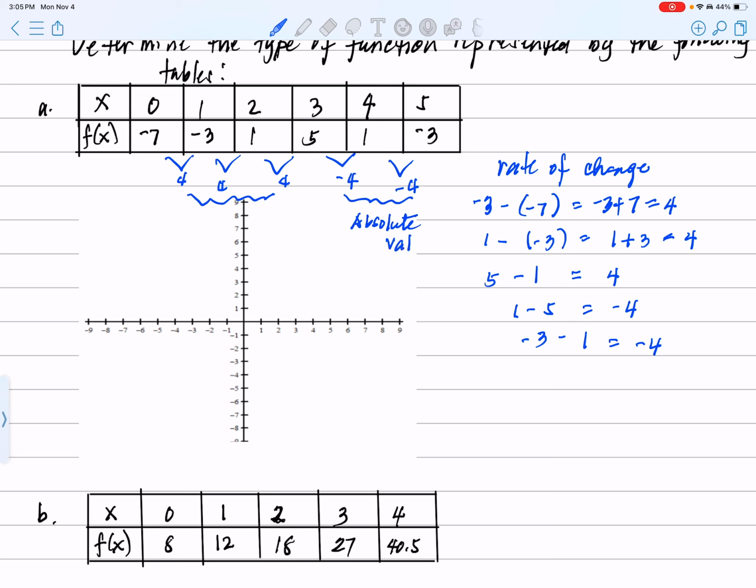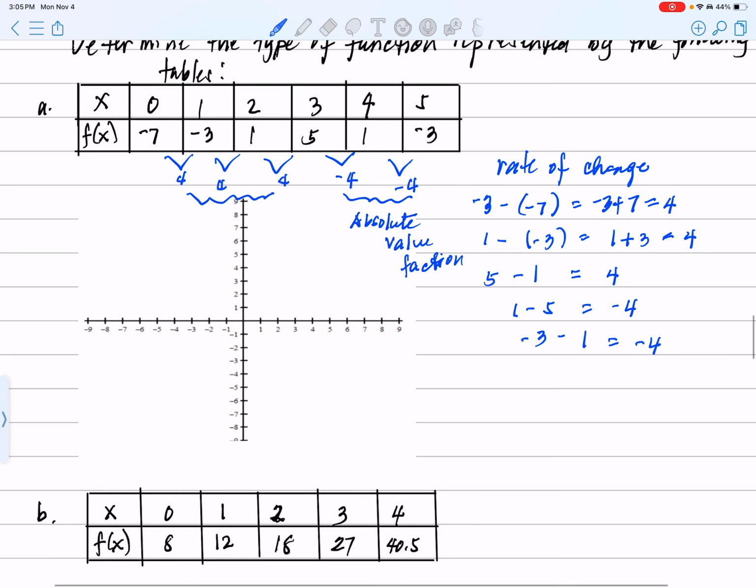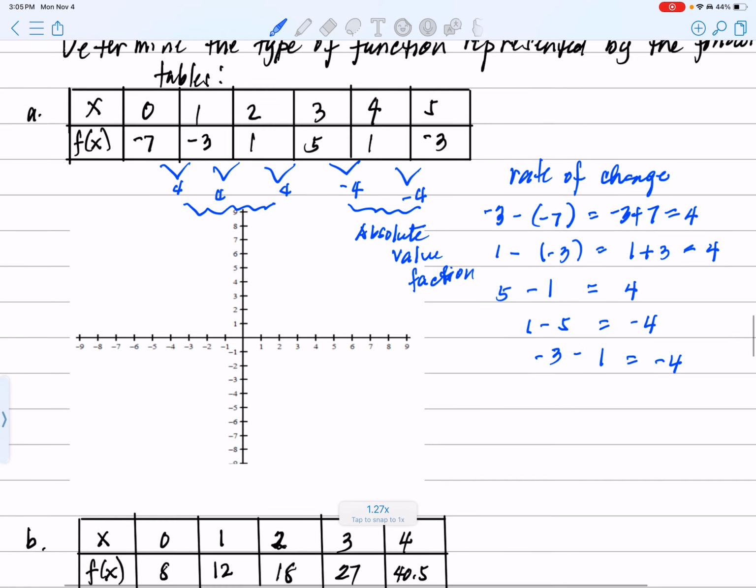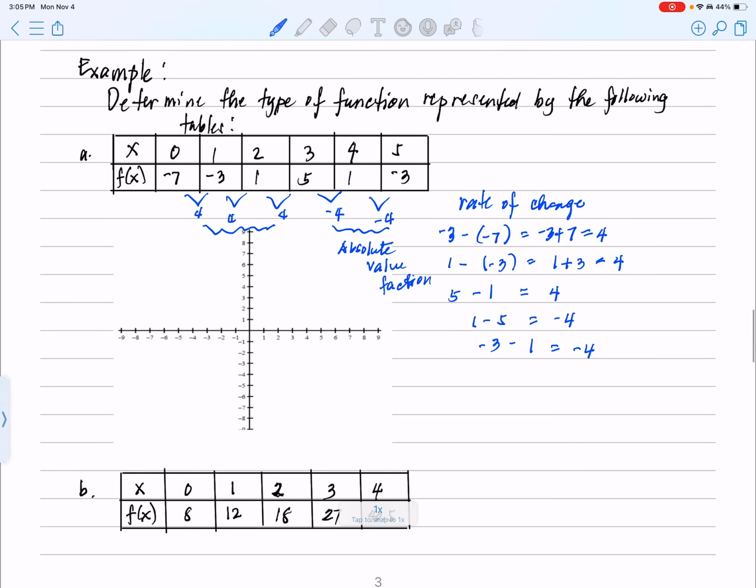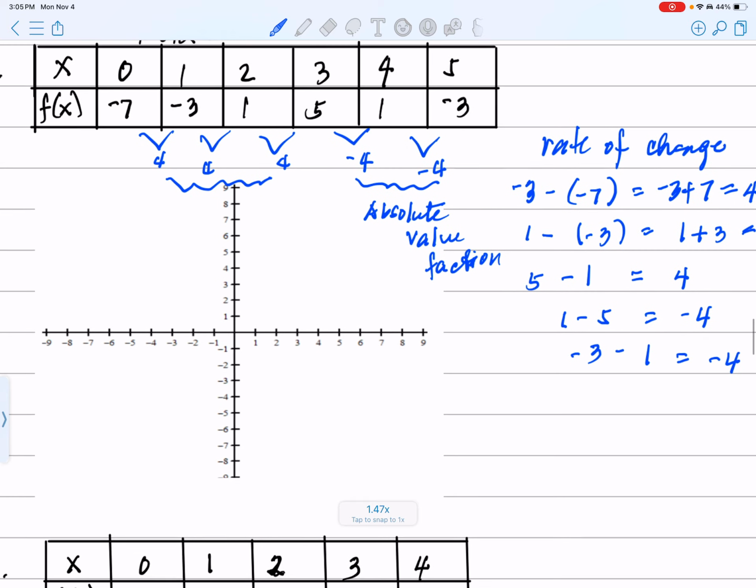That is one of the function families. This is how an absolute value looks like, since part of the function has a positive and the other part has a negative constant rate of change. Let's not just say, oh, it's an absolute value function. Let's check.